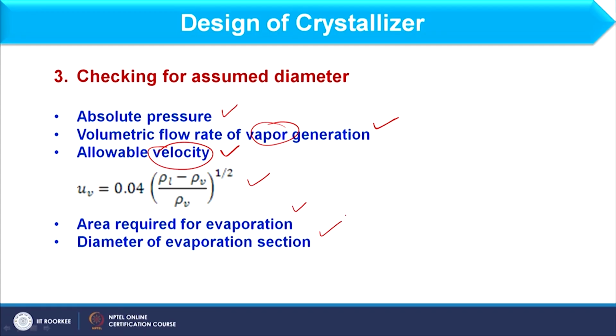So, once we know the cross sectional area of evaporation and the diameter, these are basically for the crystallizer body also. Whatever diameter we obtain, we can compare with the assumed value. If it is close to that, we can consider that diameter, otherwise we can consider this diameter and carry out the whole calculation as per the previous slide, right.